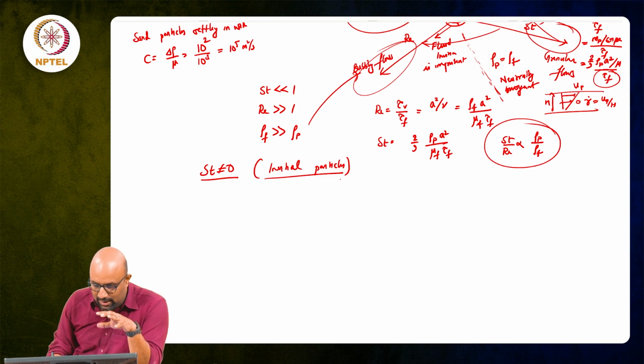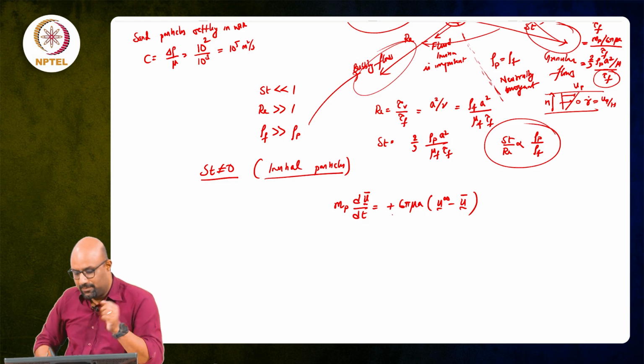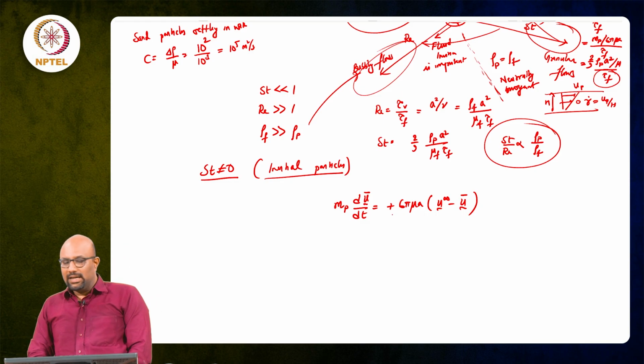The simplest model is basically saying that mass times particle acceleration is equal to the Stokes drag. This should be plus. The drag force due to the particle motion is responsible for mass times acceleration.